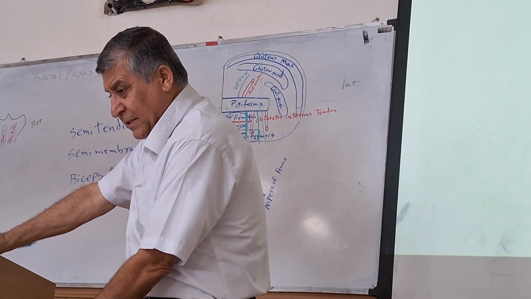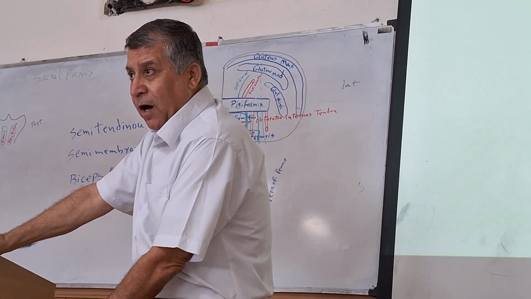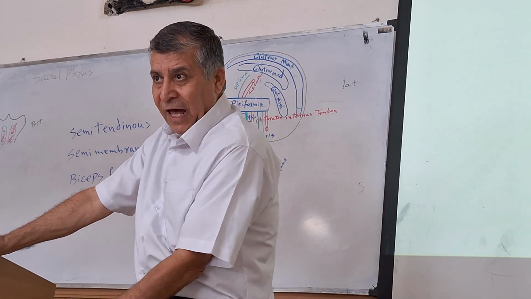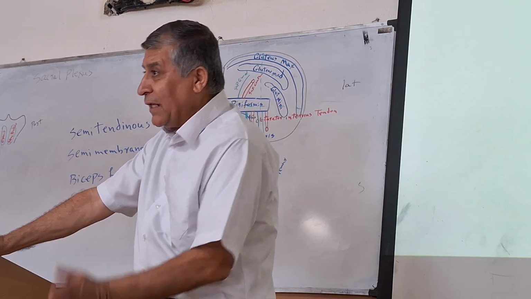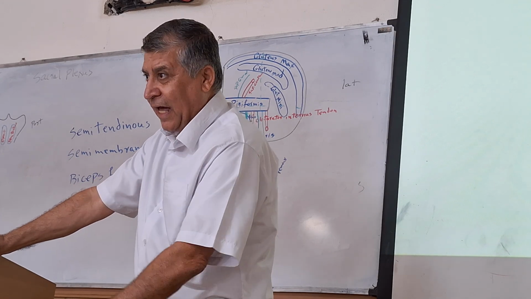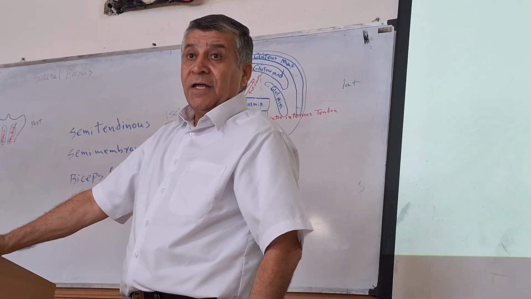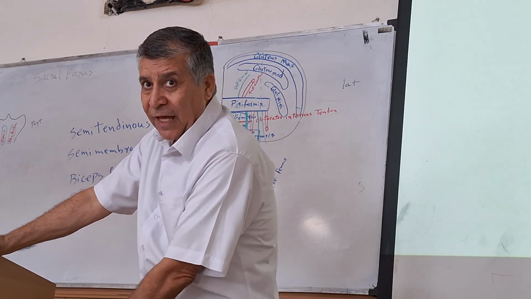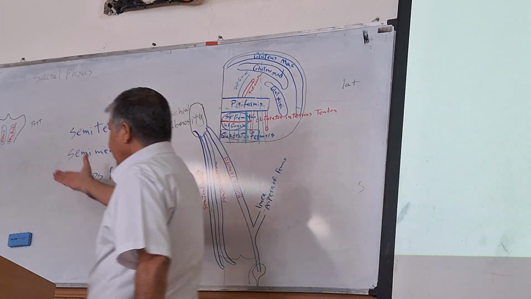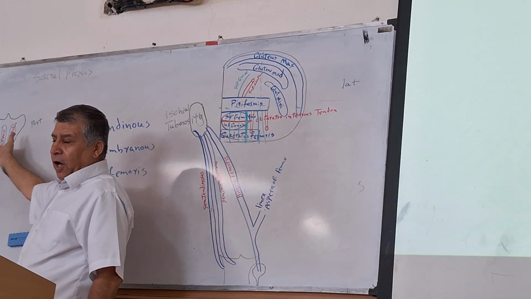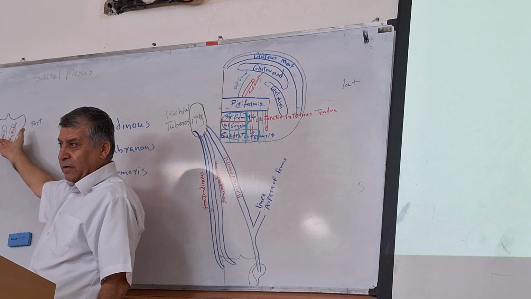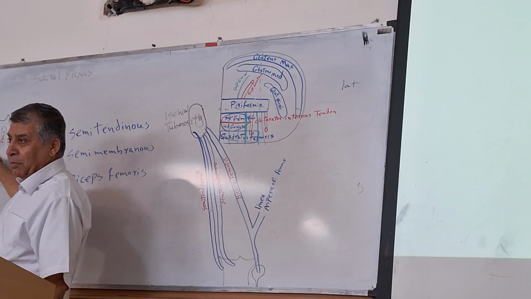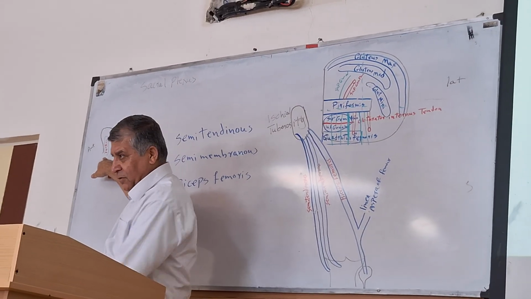The upper part of the medial surface of the tibia is very important because one muscle from the anterior compartment, sartorius, is attached to this area.